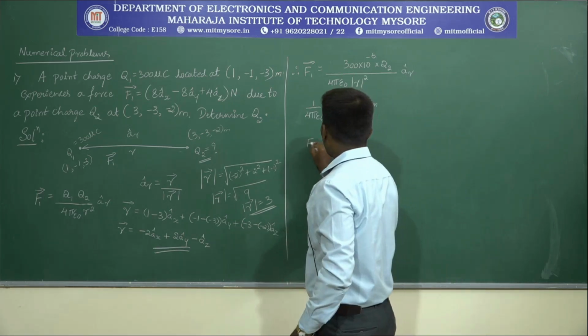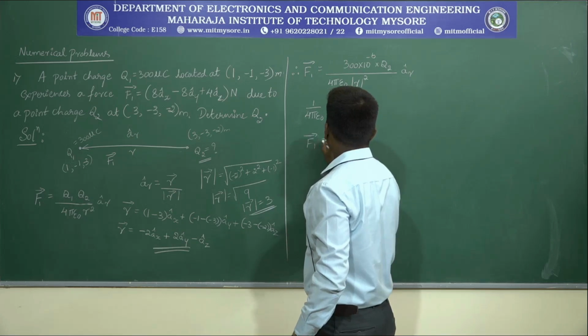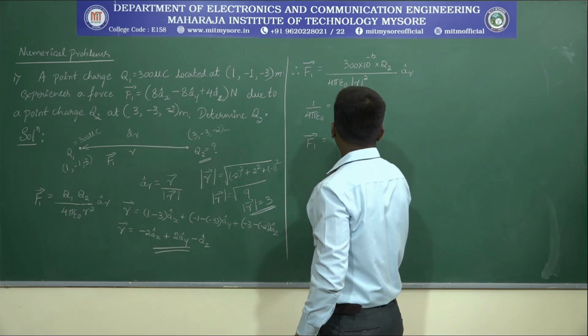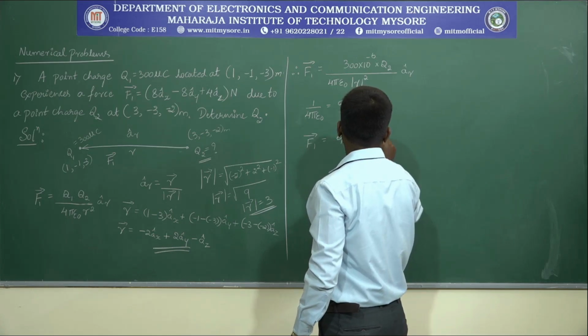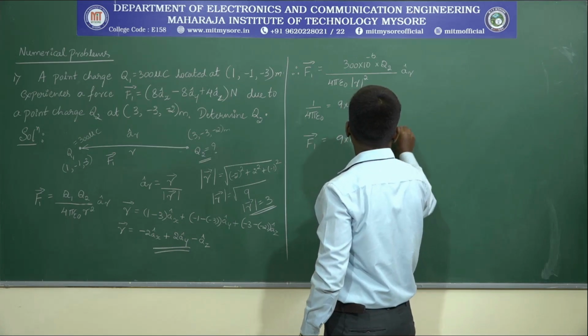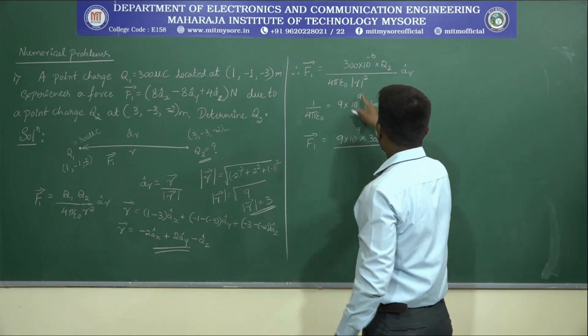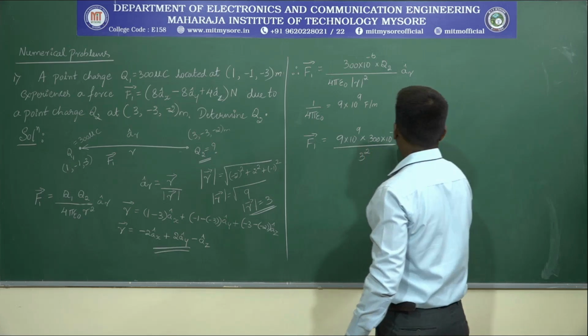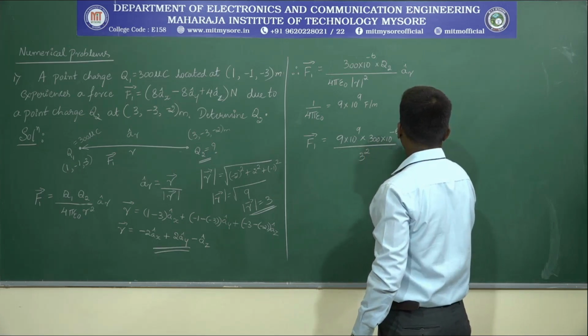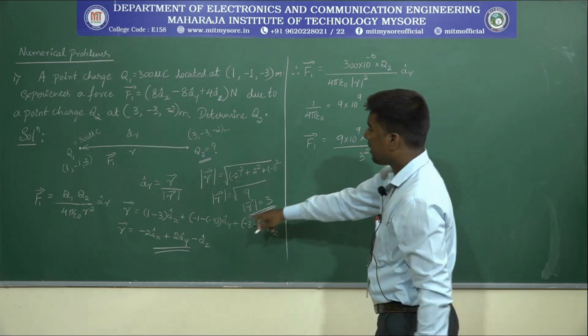So therefore F1 is equal to 9 into 10 power 9 into 300 into 10 power minus 6 whole divided by R square. What is R? 3. This becomes 3 square into Q2 into what is a cap R?